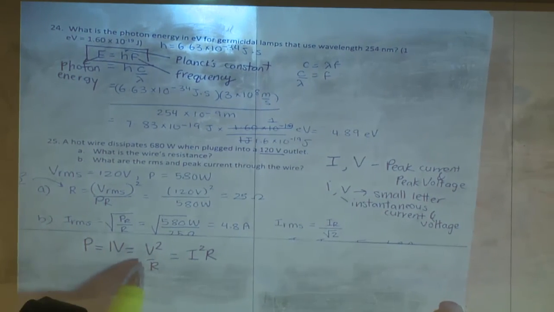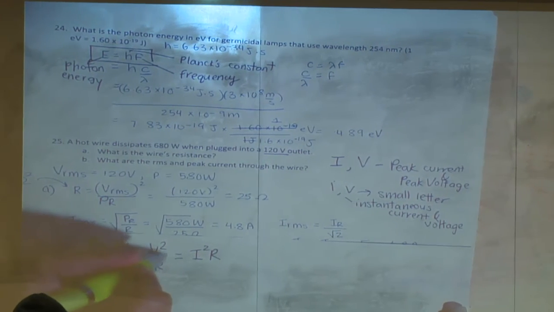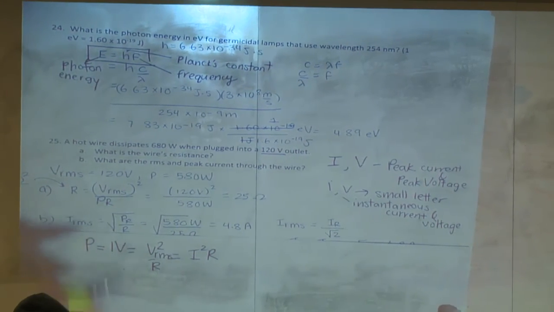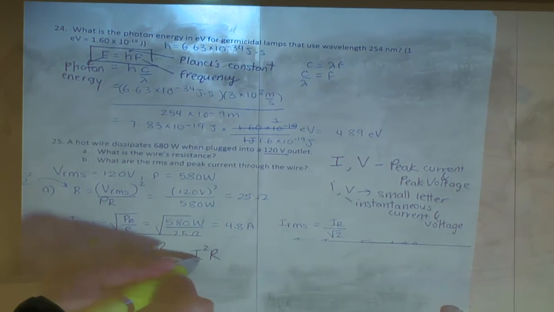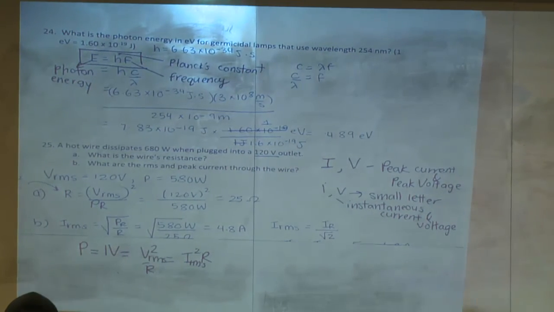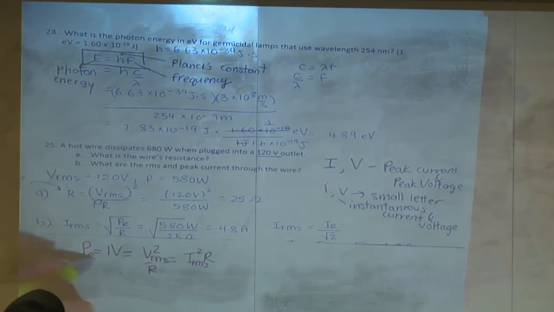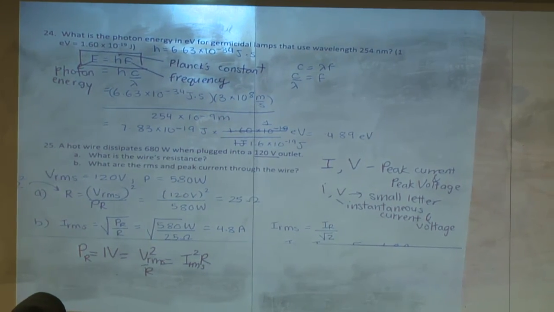The only difference between this and the one in AC is you just add RMS. That just means the root mean square value of the voltage, and where you have I, you're going to do the same thing. So that's what that means. And then this is the power of a resistor.